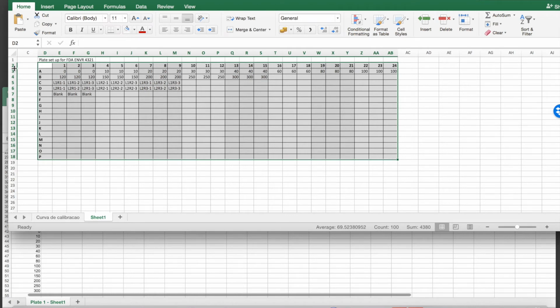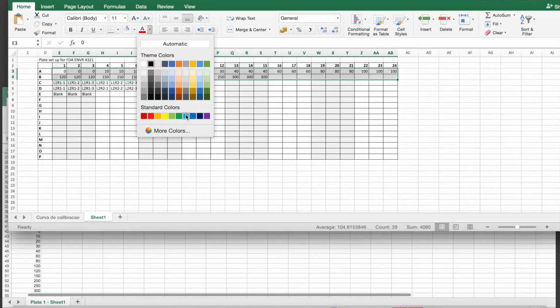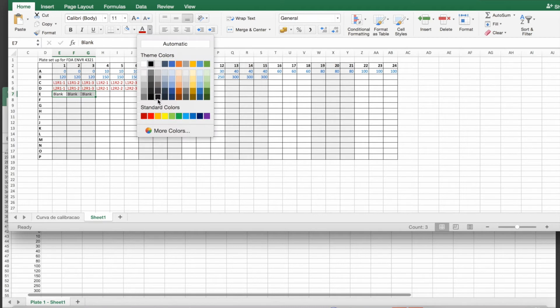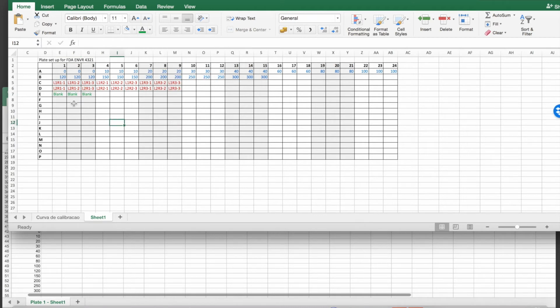In these first two rows, we added the standards, which are our reference samples. Then here are our actual samples. And then here we added the blanks.